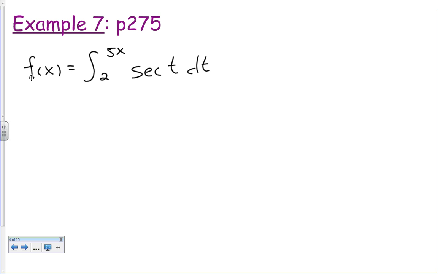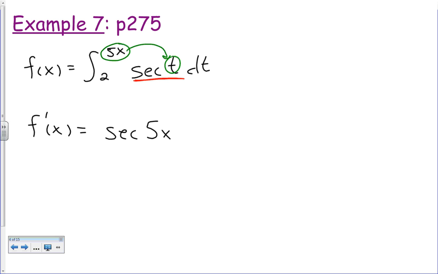And so therefore, f prime of x, by the second form of our fundamental theorem of calculus, is going to be this function, the secant function right here, evaluated at the upper bound. In other words, we take this upper bound and we replace all the t's that you have in there. If you had more than one t, you'd replace all of them with that upper bound.